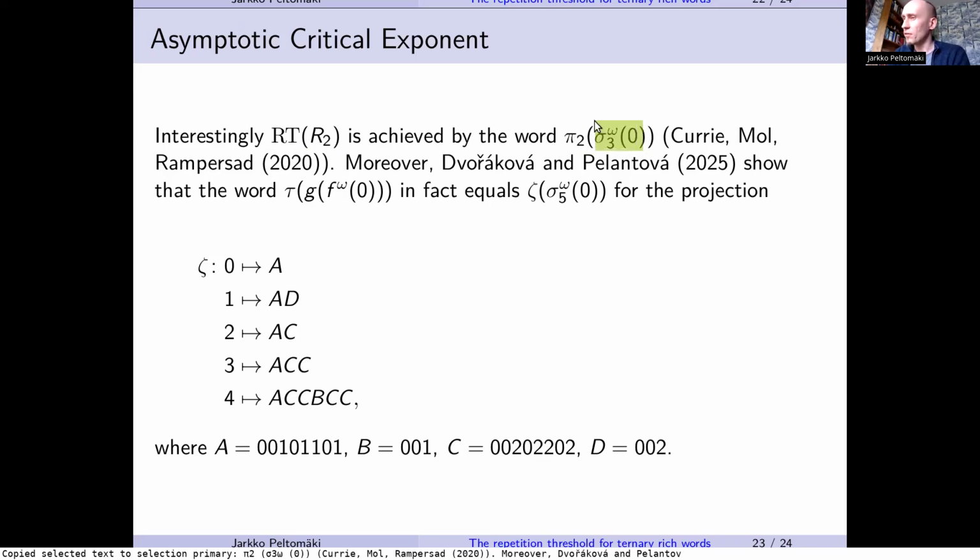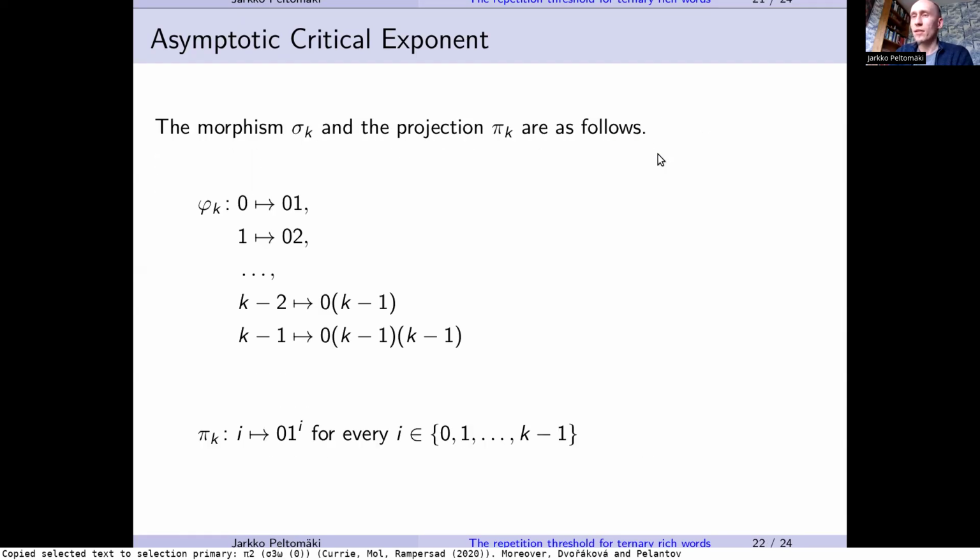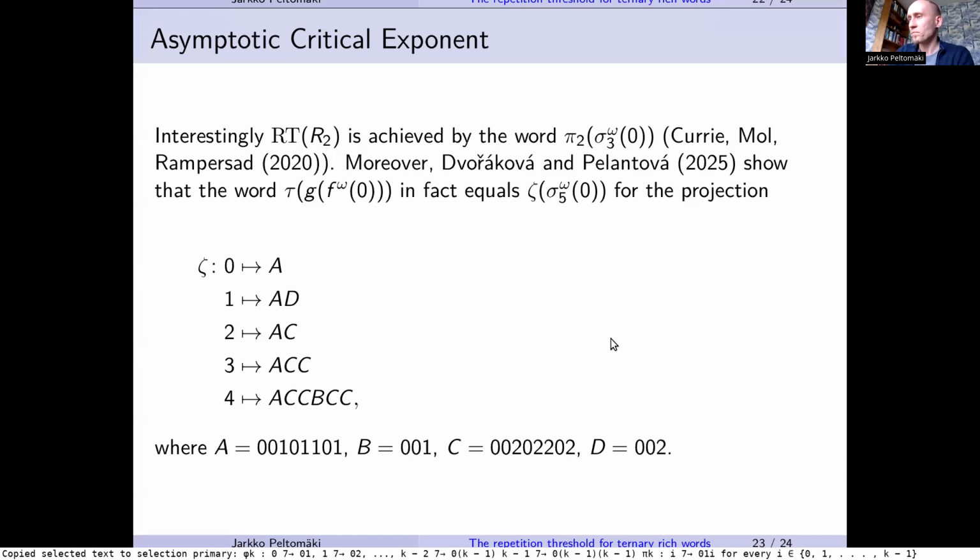So you take a word on a 3-letter alphabet and you project it to binary. It happens to have that form. And I guess this is the reason why Dvorakova, Pelantova, and Kloda figured out these more general types of morphisms.